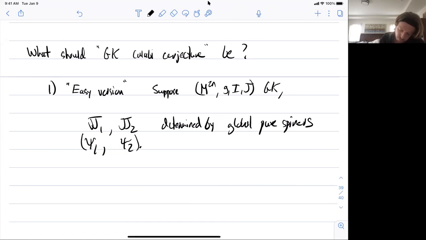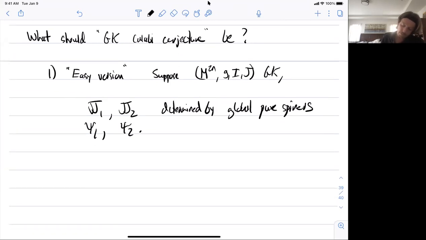Well, maybe I don't want those. Mukai pairing. So then, we have this Calabi-Yau quantity, which I'll still call phi.